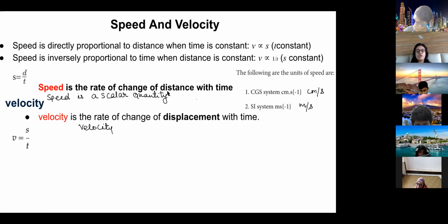You already know the difference between distance and displacement. Both are different quantities. Velocity is a vector quantity. Questions can be asked: differentiate between distance and displacement, or differentiate between speed and velocity.